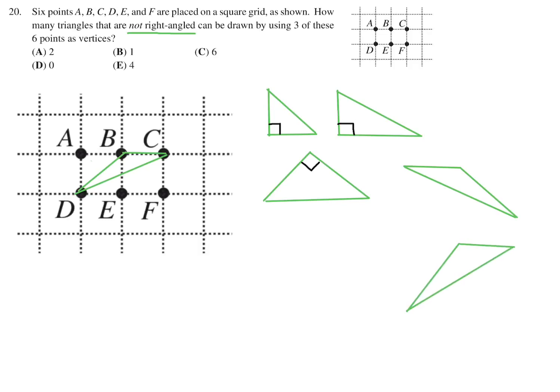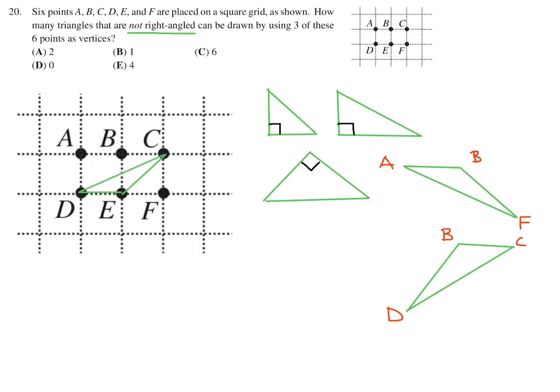And I'm going to label these so that I know which ones I have. This one that I just drew is B, C, and D, and the first one was A, B, and F. I think I've got a few more that I could probably figure out using the bottom there. How about this one here?